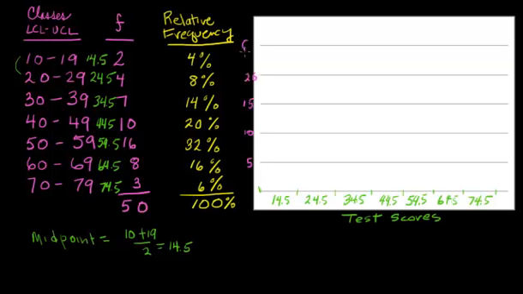So these are my frequencies. So the height of the bar is going to give me the frequency. So in the first class, the frequency was 2, so the height of the bar should be right at about 2. The next class was 4.